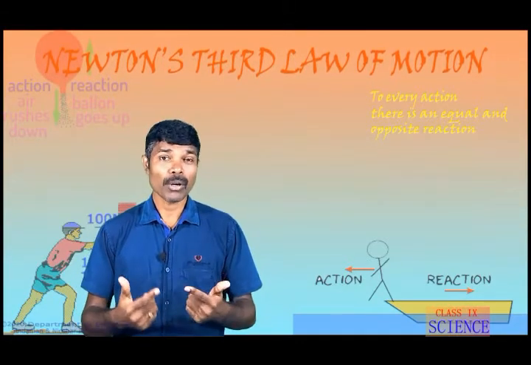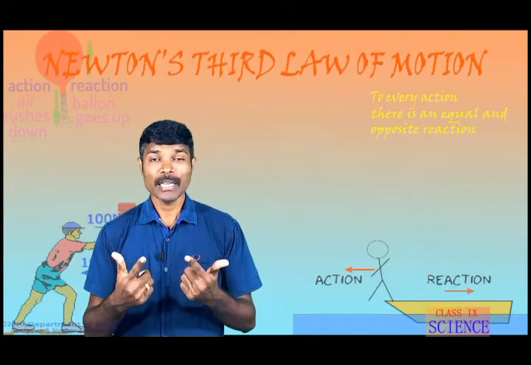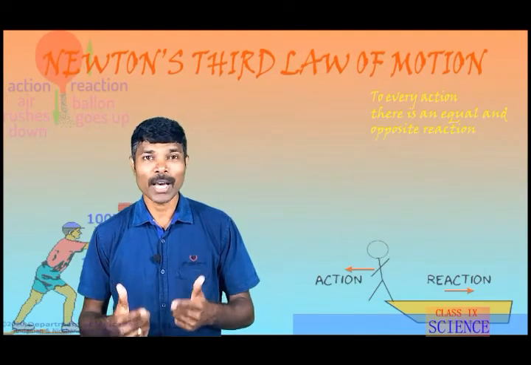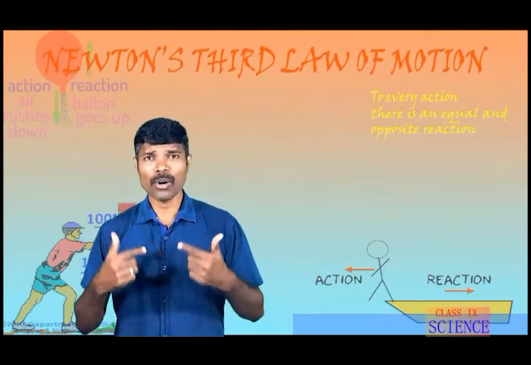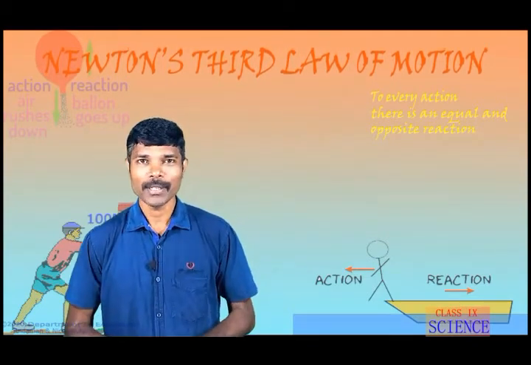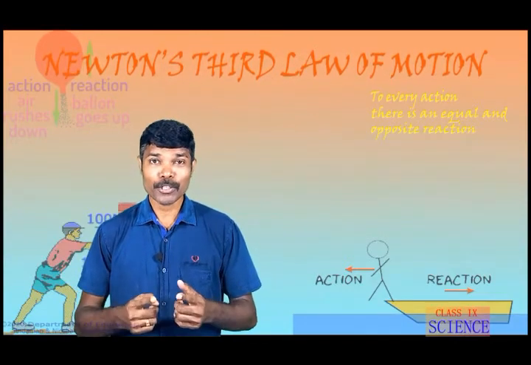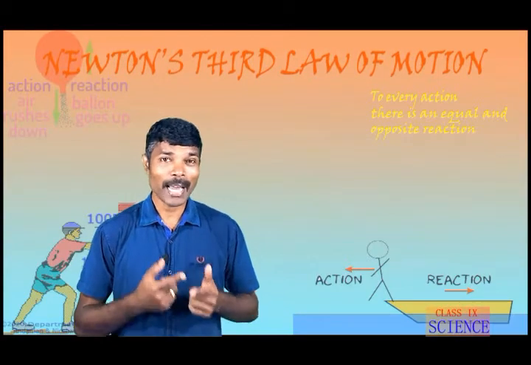Whenever you talk about Newton's third law of motion, you will see two forces which act on two different bodies. The two forces are equal in magnitude but opposite in direction. These opposing forces acting on two different bodies are called action force and reaction force. The first force exerted on the first object is the action force.